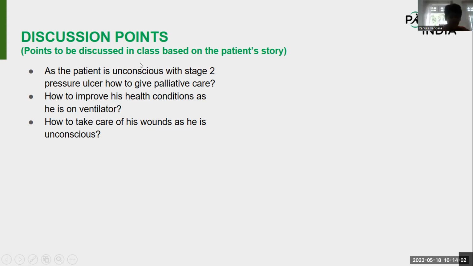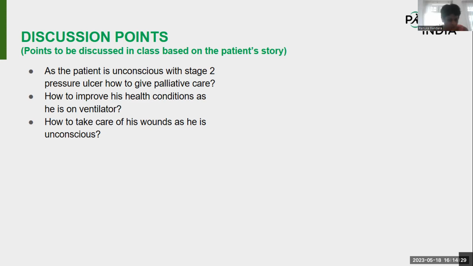And other than that, we have to prevent problems with incontinence and stools, and ensure proper management of eliminations. The patient is having a urinary catheter, right? So care of that also, so that the patient doesn't get any urinary tract infection, and cleaning of the bed sores.